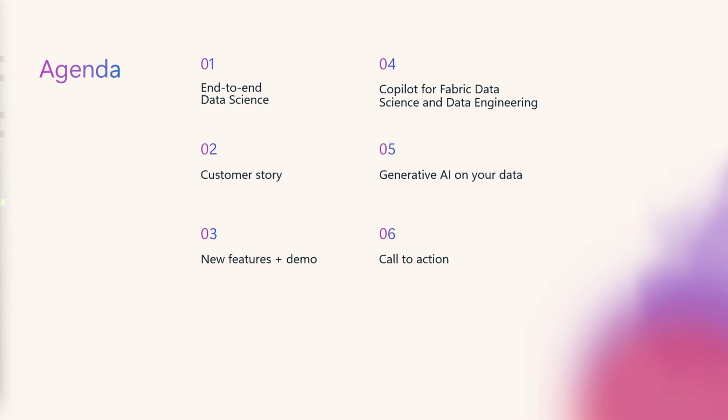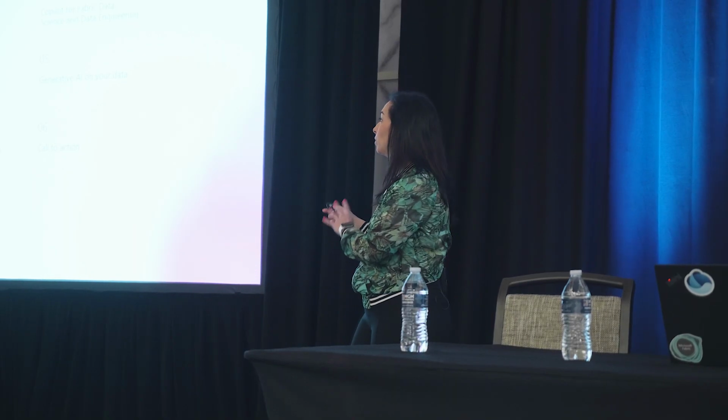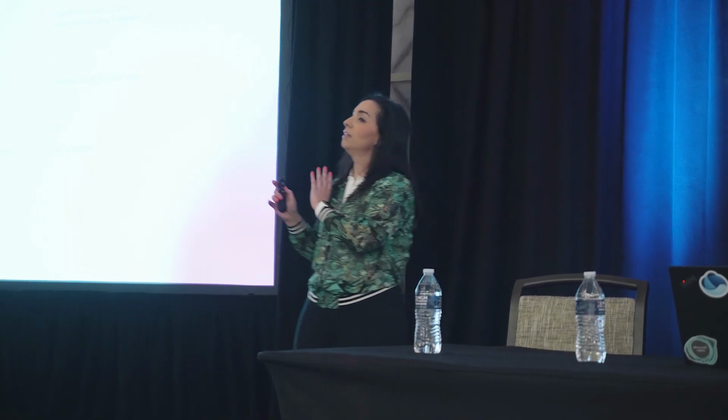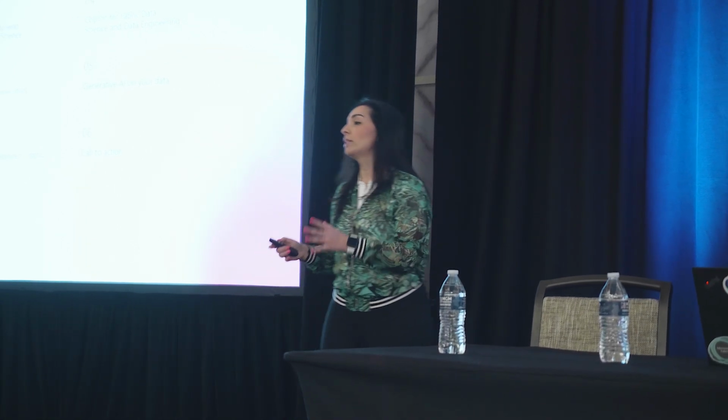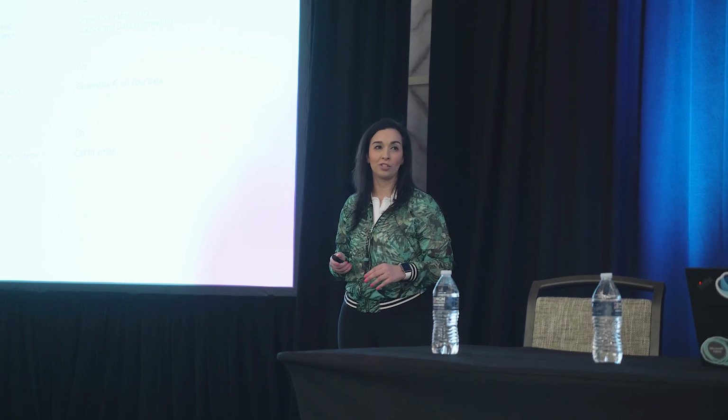And then we're going to switch gears a little bit, still talking about how we improve the productivity for data scientists and data engineers, as part of Fabric, but we're going to switch gears to talk about AI. And we'll also have some good links and recommendations for other sessions where you can learn more and get some deep dives. So stay tuned for that in the end, for the call to action in the end.